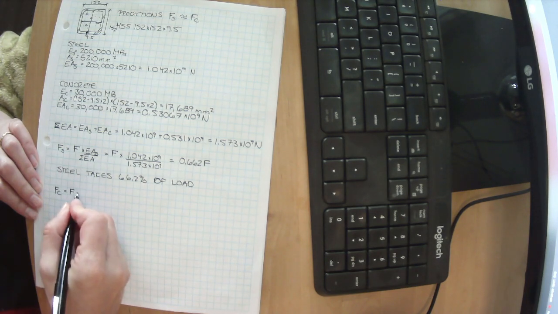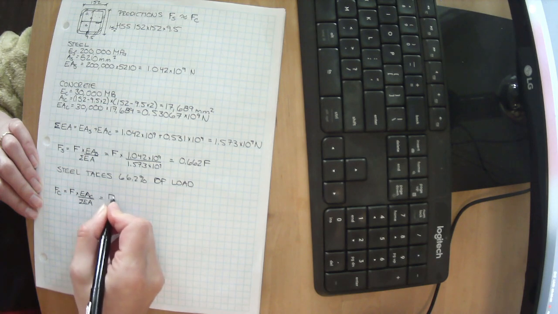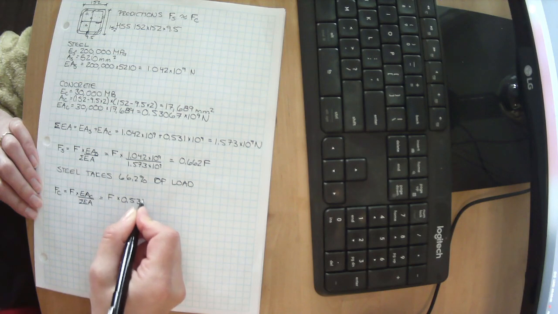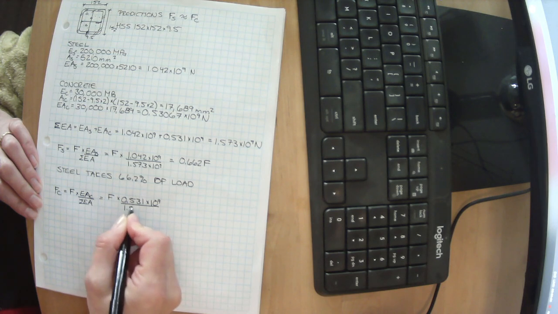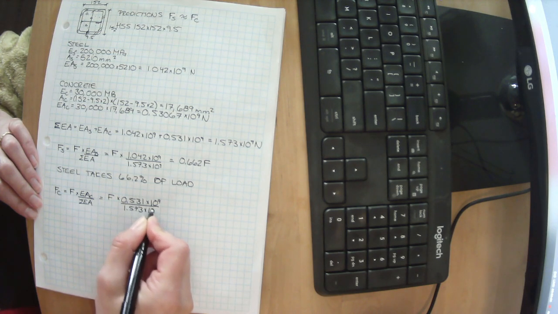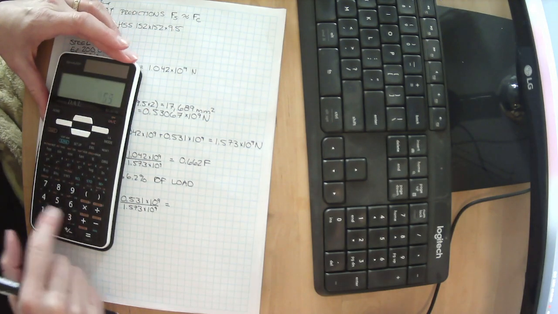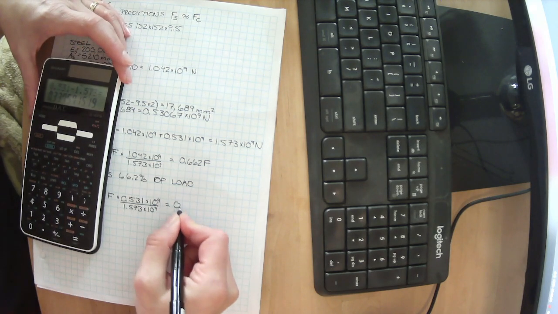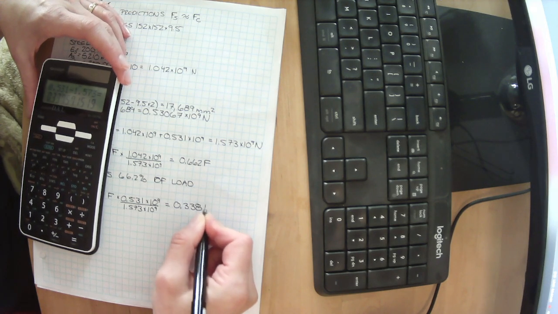The total force times the EA of the concrete divided by the total stiffness of the system equals F times 0.531 times 10 to the 9 divided by 1.573 times 10 to the 9. So 0.531 divided by 1.573 is 0.338 F.